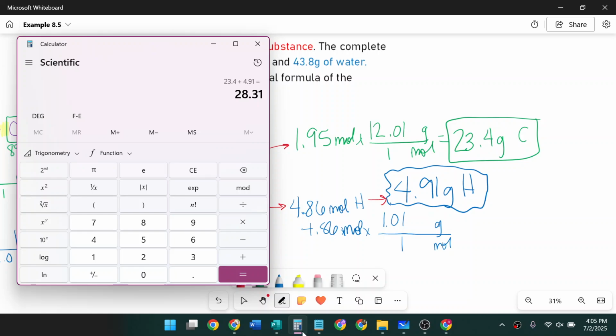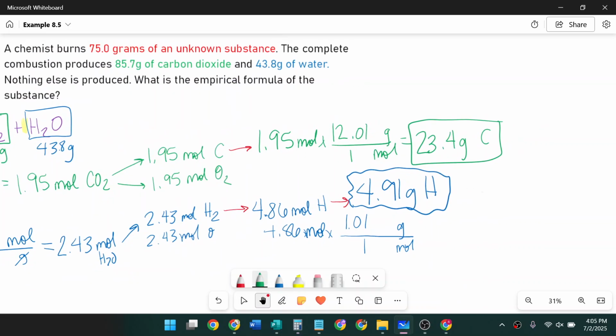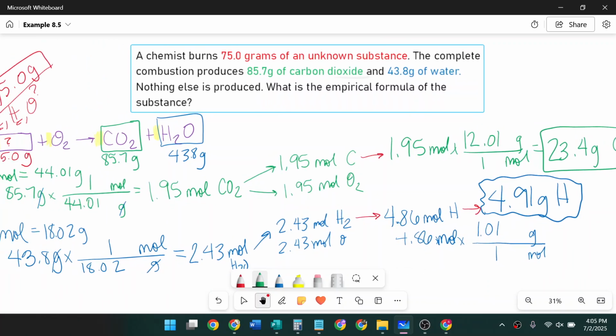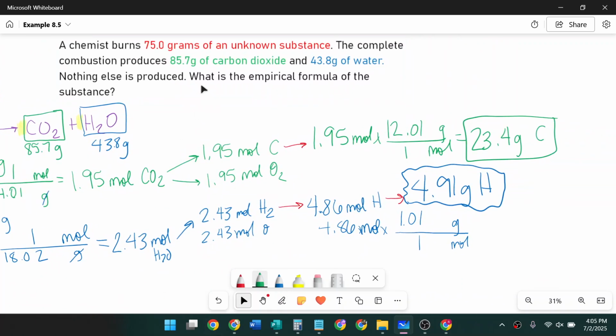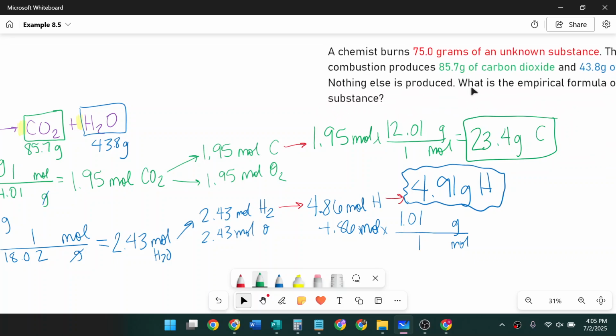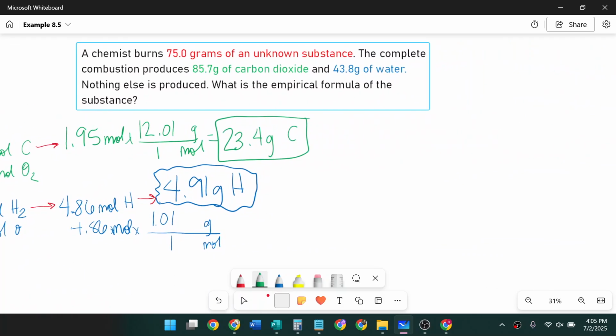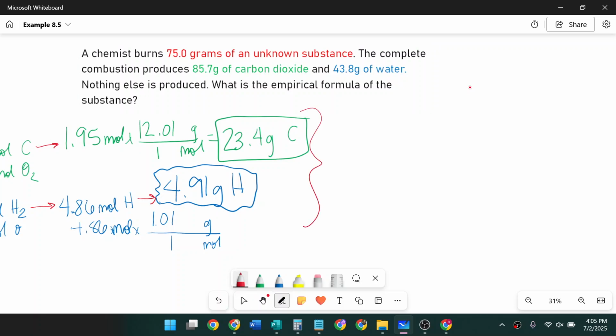So let's see, where do I want to write this? Just going to keep moving the problem over so we can keep working sideways. So when we put these 2 together, we get that there are 28.3 grams of carbon and hydrogen in our substance.